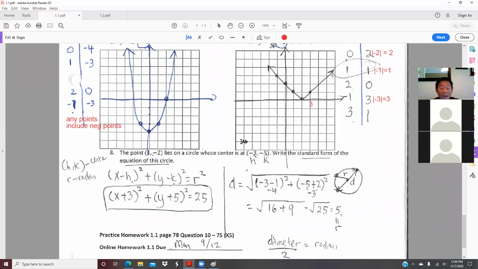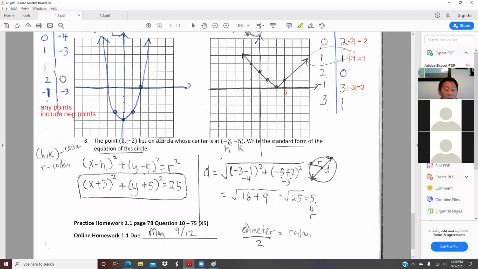Lastly is question 8. This is talking about a circle, because this question already gives us the circle as the equation. They say it has this point and the center is h, k, which is negative 3, negative 5. So the good news is that we know the h and k, so that means this is the equation of a circle.